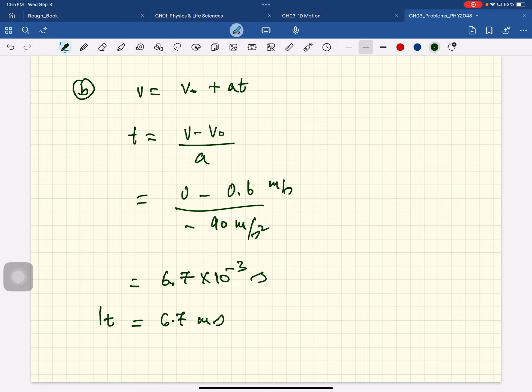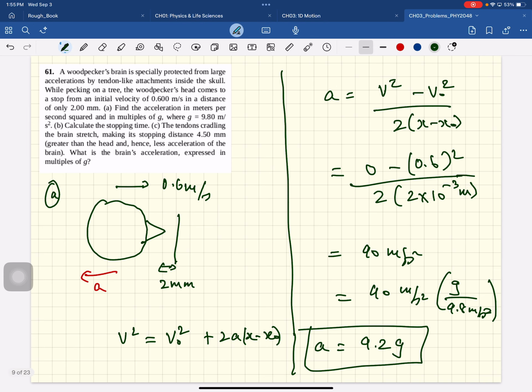So the stopping time for the skull was 6.7 milliseconds.